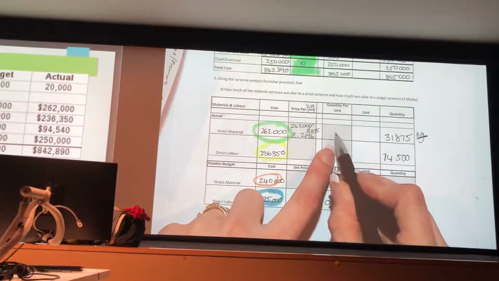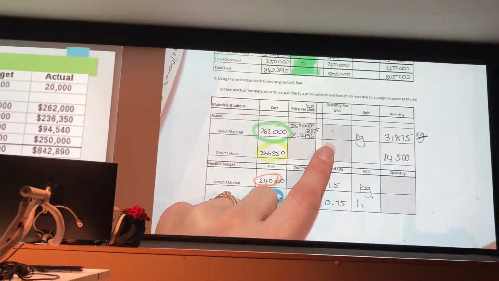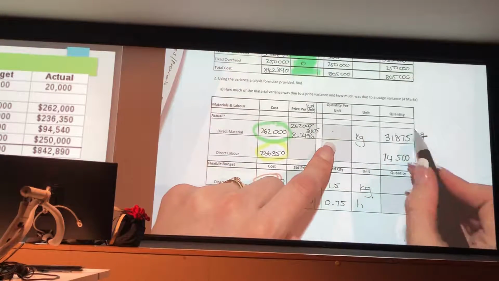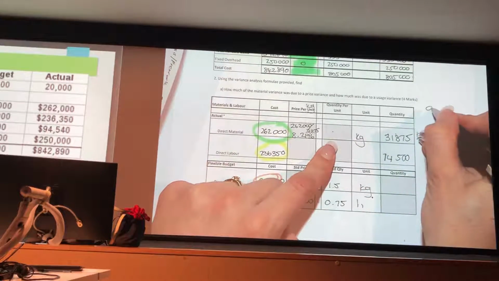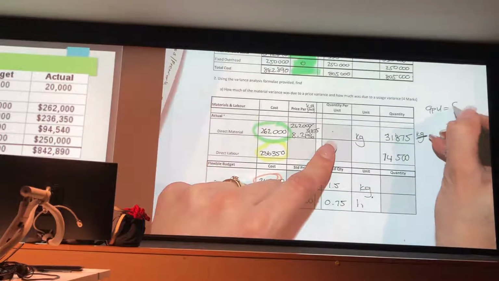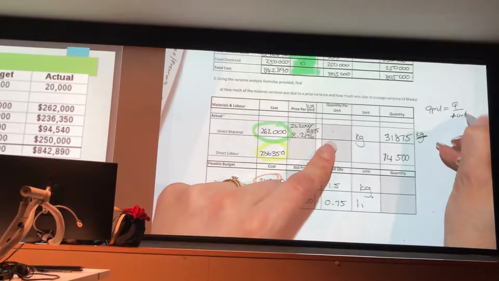How would I know how much quantity per unit was used? We know our total quantity was 31,875. Quantity per unit would have been quantity divided by number of units.